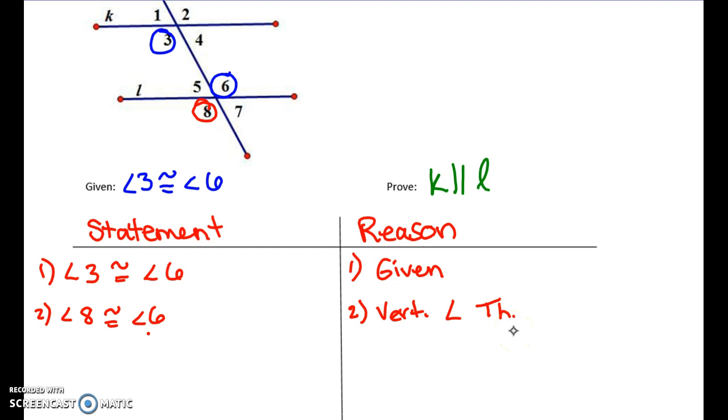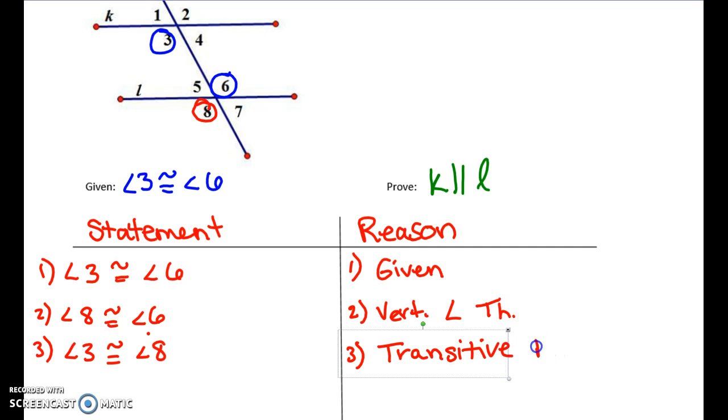Well, now I know that 3 is congruent to 6 and 8 is congruent to 6. So I can say, because they're both congruent to 6, angle 3 is congruent to angle 8 by the transitive property of congruence, transitive POC.